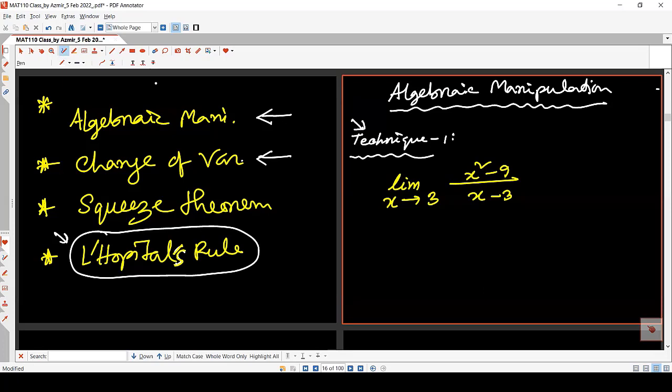This technique says that we have to reduce the function as much as we can.